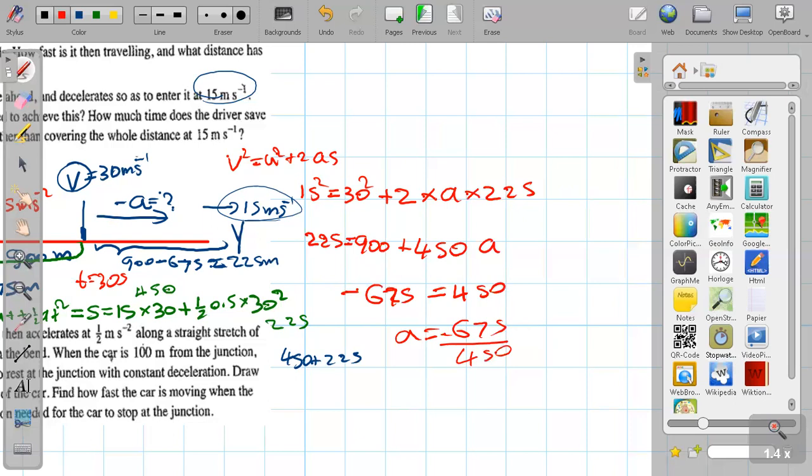Let me divide and get the answer. 675 divided by 450, you get 1.5 m/s squared. This is your new deceleration.